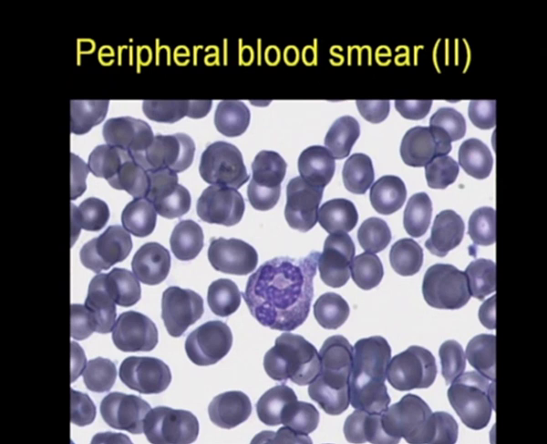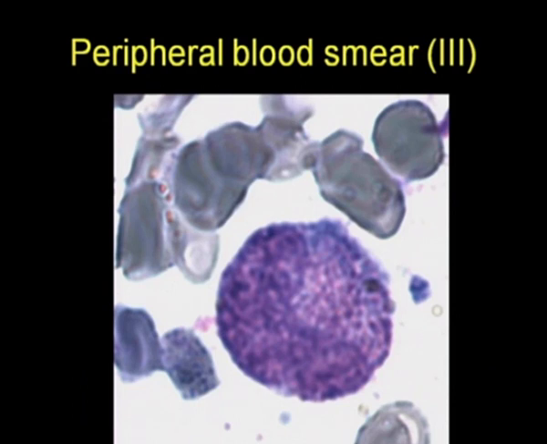And again, in this peripheral blood smear, if you remember that there was leukopenia, there were quite a few neutrophils with dysplastic segmentation, in the sense of hypersegmentation. And again, in the blood smear, I have an enlarged cell.